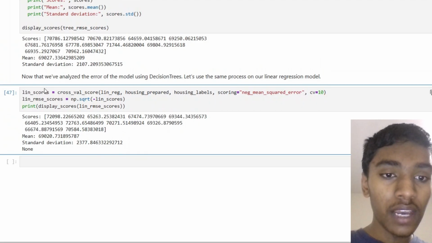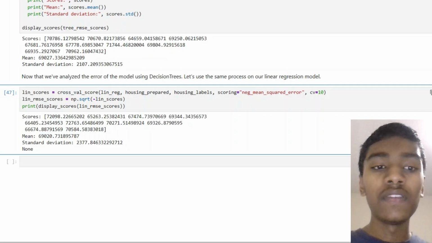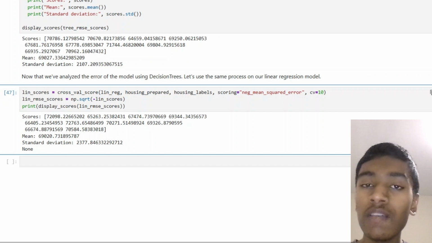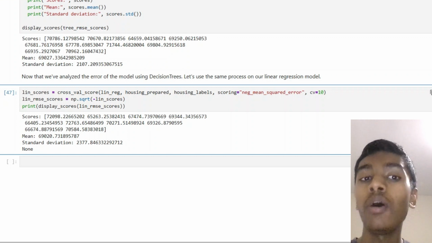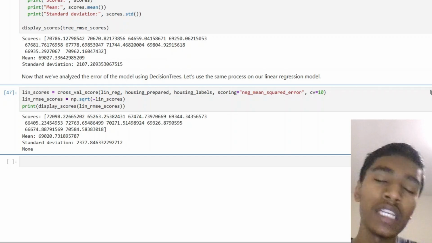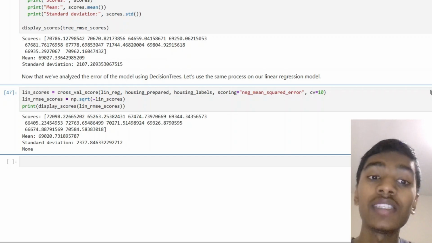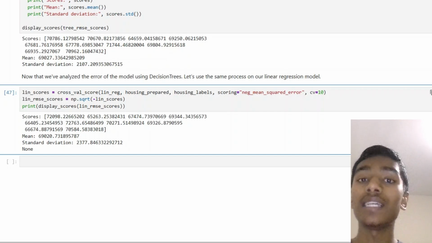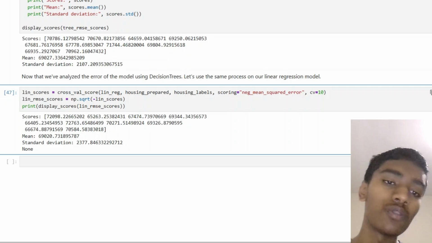But what we're seeing here is that the mean is 69,020. Now remember, this is the error rate, okay? Is this the negative mean squared error, or the positive mean squared error, or the mean squared error in general? Well, none of this is the mean squared error. It's the root mean squared error. Is this the negative root mean squared error, or the positive root mean squared error?